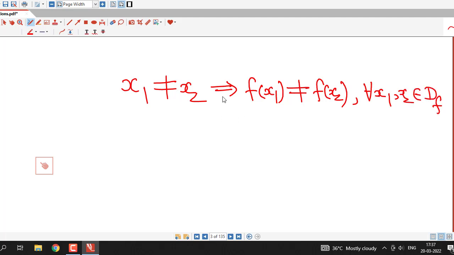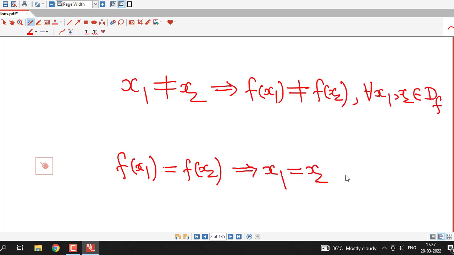If this happens, then the function is one-to-one or injective. And equivalently, we can use this one also. If f of x1 and f of x2 are equal, then we must have x1 and x2 equal, and this must happen for all values of x1 and x2 in the domain of f.